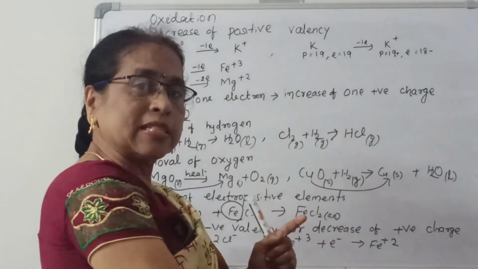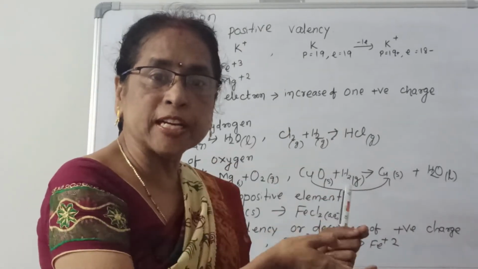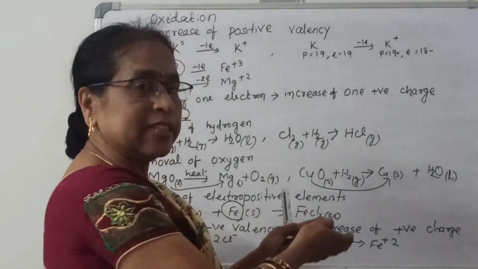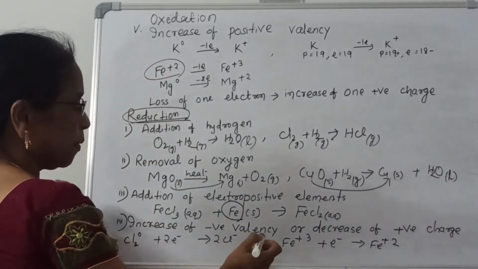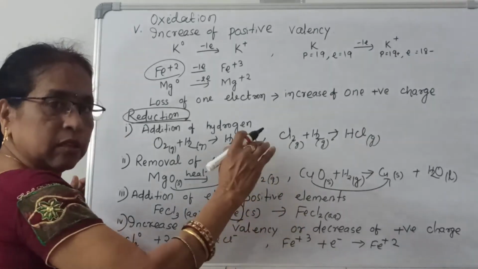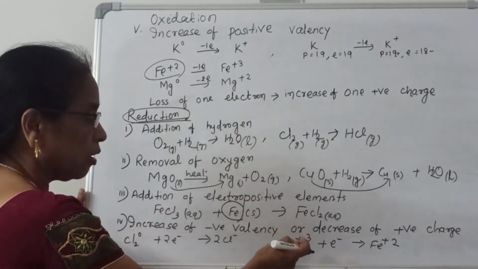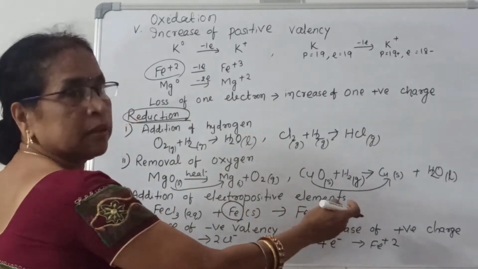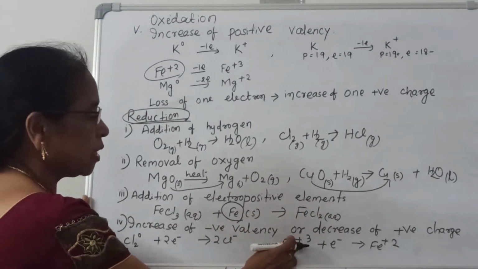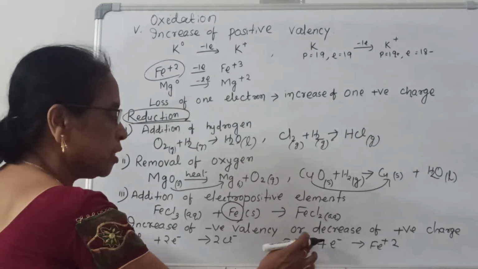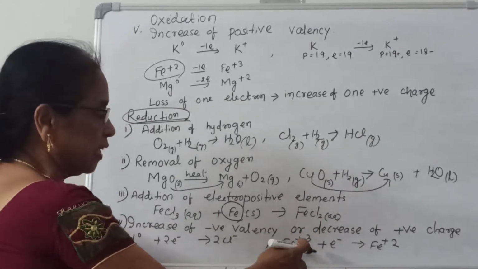In some cases you can immediately see there is decrease of positive charge. Here Fe+3, if one electron is gained, one negative charge increases. That means +3 changes to +2 because it gains one electron.